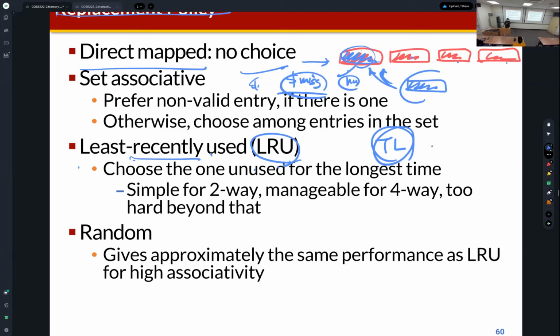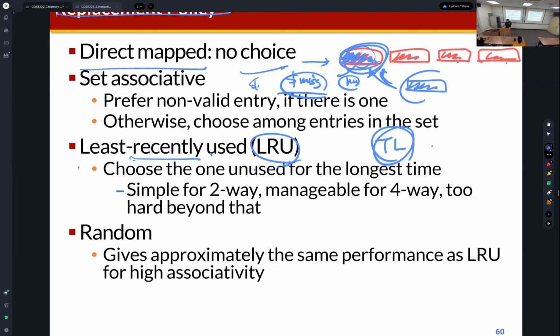That is the temporal locality. So if this block is recently used, we can say that this block will be reused in the near future with a high probability.